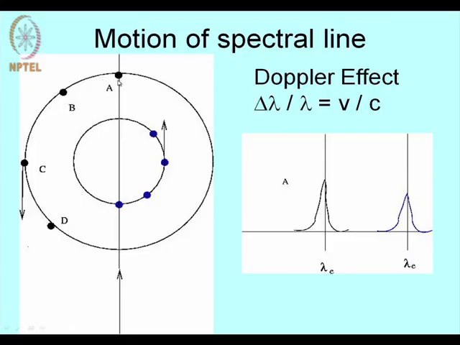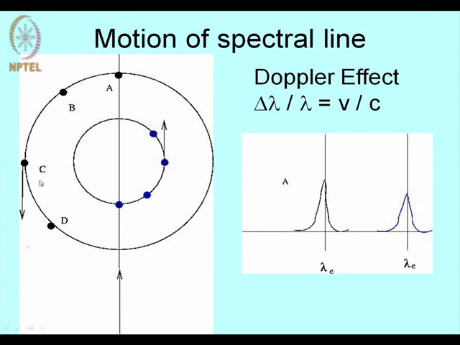Now, after some time, the star A, the star over here has moved to position B. Similarly, this has moved to this position B, and we now have a line of sight component of the velocity. So, the velocity is tangential, we have a line of sight component of the velocity, and this object is moving towards the observer.